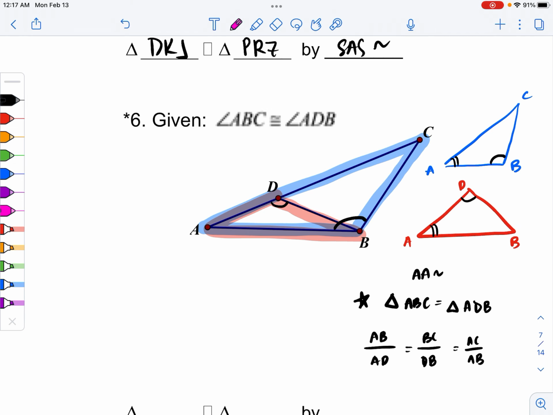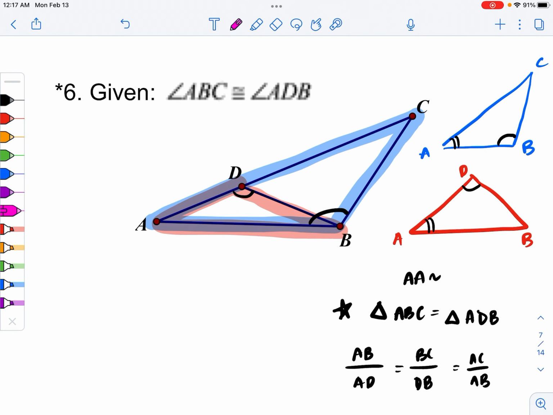So for instance, if I actually put in some values in here, let's say AB has a length of 4, AD has a length of 5, and let's say BC has a length of 7, and then AC is, let's say, 8, and let's say this is our unknown.